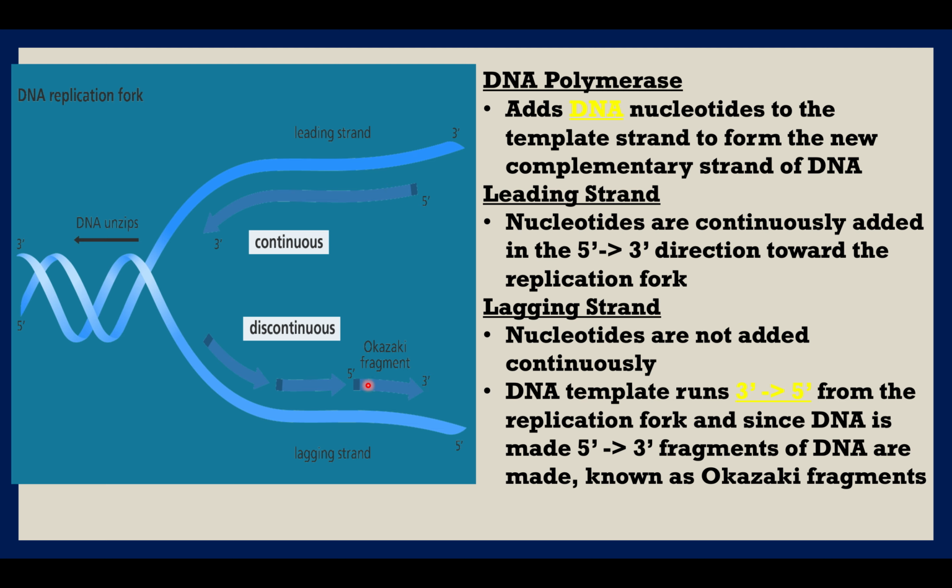RNA primers are going to lay a primer here so that DNA polymerase can come and synthesize from 5' to 3'. This is going to keep on unwinding a little bit. After a little bit, another RNA primer is going to be needed, and it's going to be laid somewhere here, for example. After this unwinds, then DNA polymerase is able to fill in that gap again, and it does that over and over again. This is how it's done.